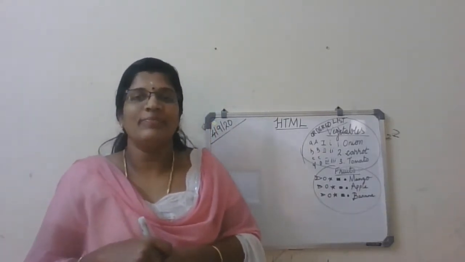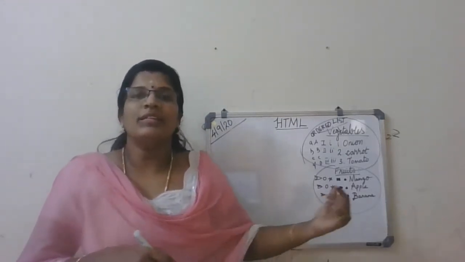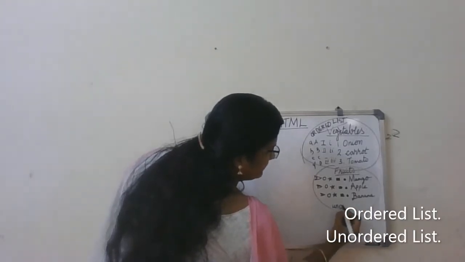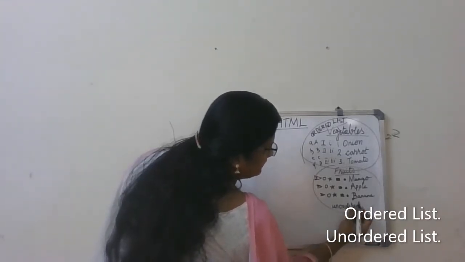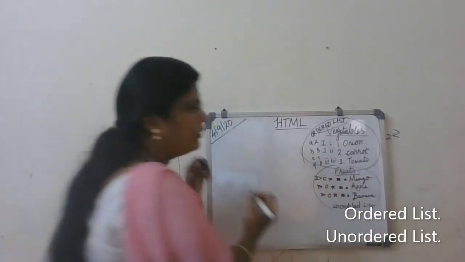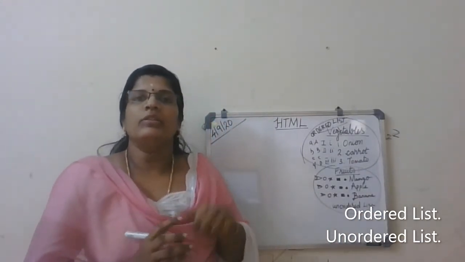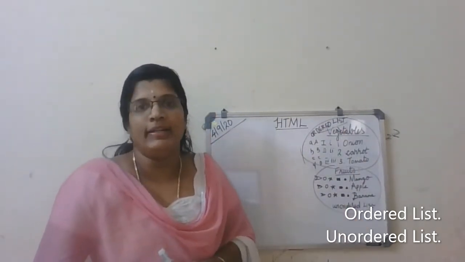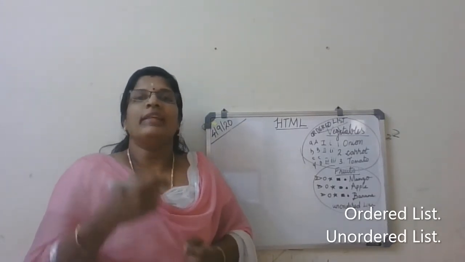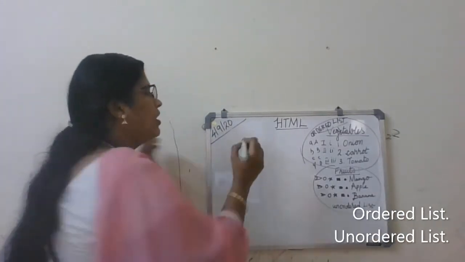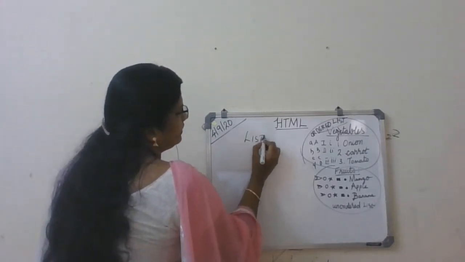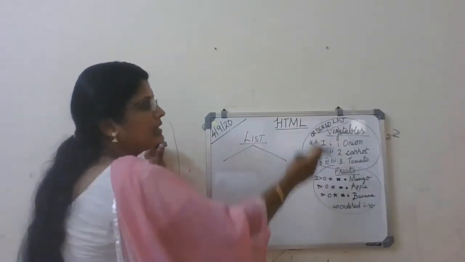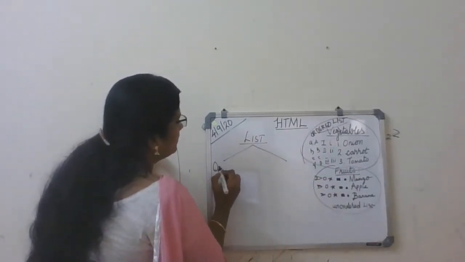Don't say disorder. Unordered. Okay. So the bullets are called an unordered list. So this is what we are going to study, how to make an ordered list and how to make an unordered list. Fine. Okay. So the next tag we are going to study is called list. So list has two types. What are the types? One is ordered, another one is unordered.